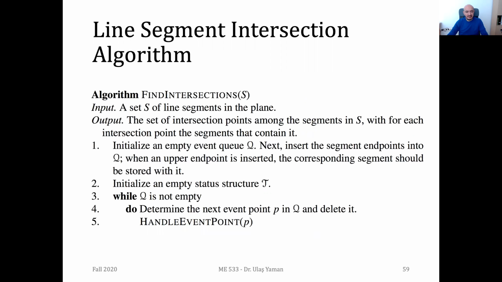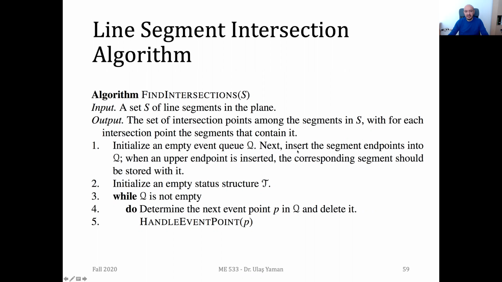So let's have a look at the main algorithm in pseudocode. Our algorithm is named find intersections, and the input is a set of line segments in the plane. And obviously the output will be the intersection points of these line segments. We need some data structures. The first one is an event queue. We initialize it, and at first it's empty.